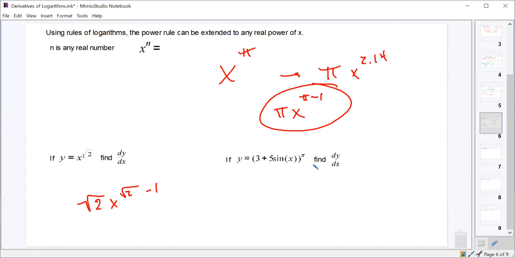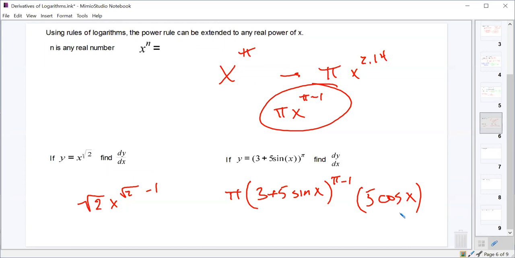Could we just use the power rule, or would we have to use chain rule also? Yeah, have to use the chain rule within. This is u to the pi. So it should be pi times u to the pi minus 1 times the derivative of 3 plus 5 sine x, which is 5 cosine x.